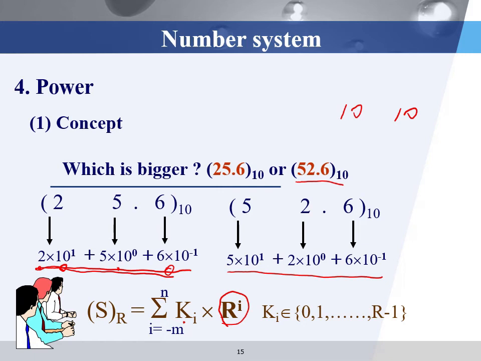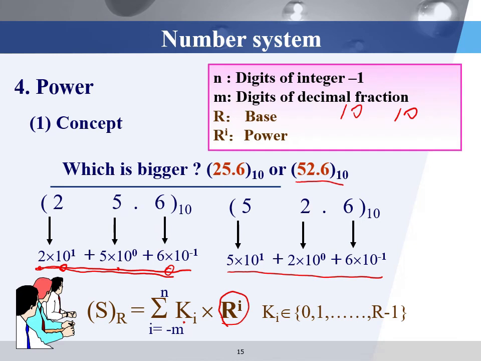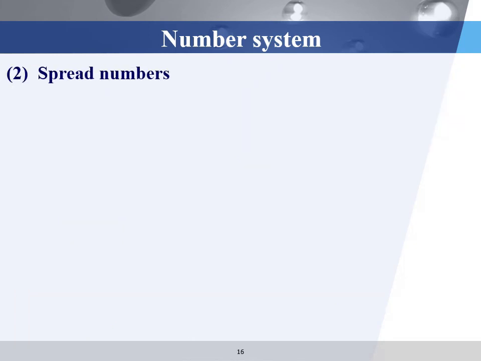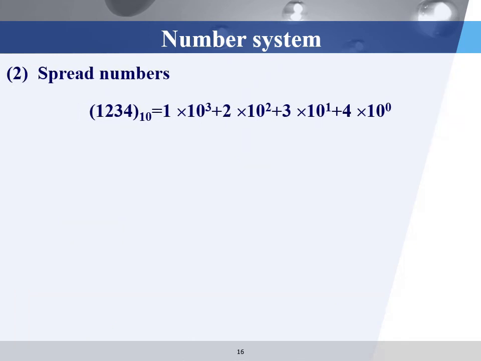So we can multiply the number and then add them together. So this is the formula for us to get the real value. And we call this the spread numbers approach.